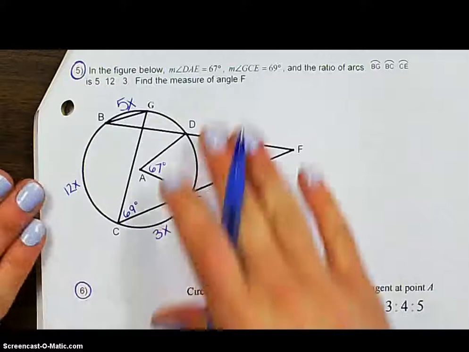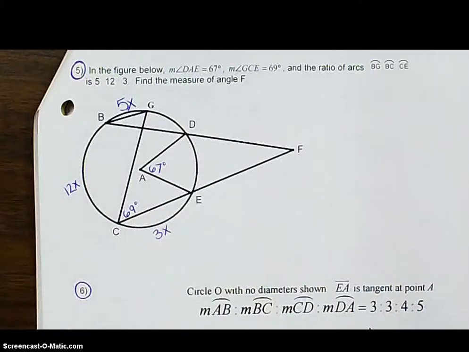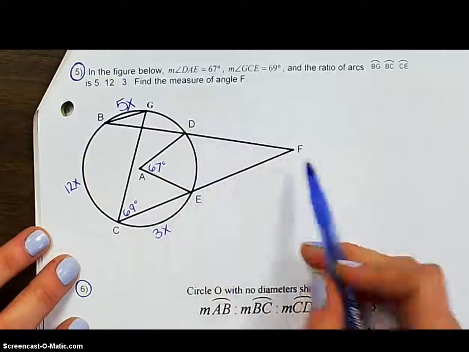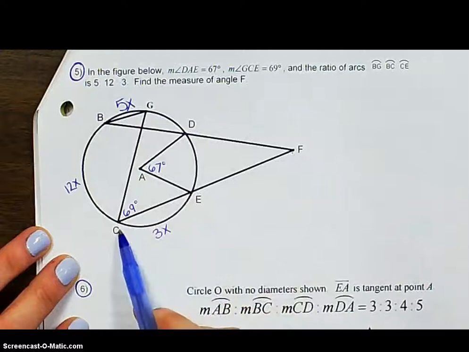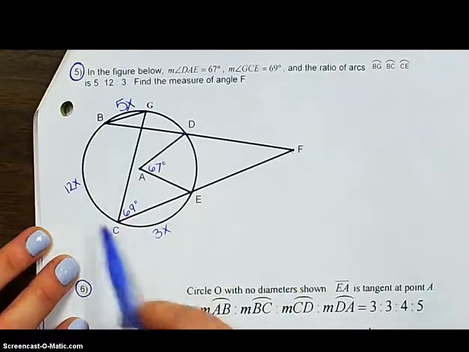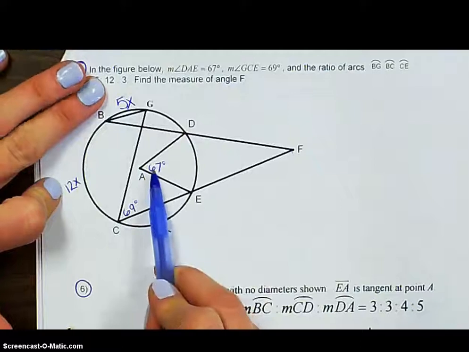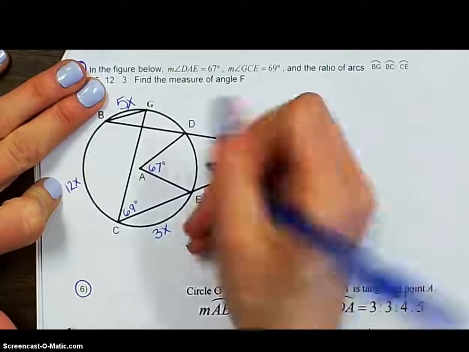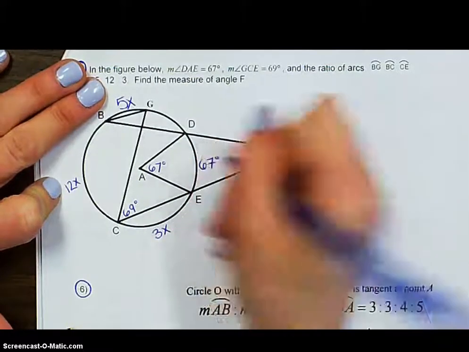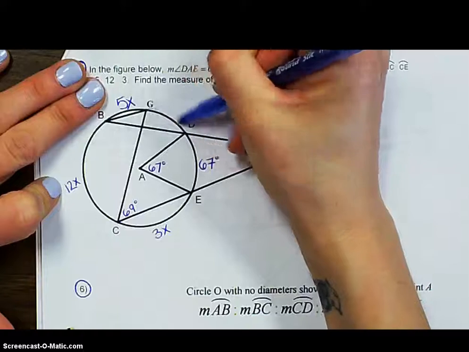Okay, so this is the information that's given to us. So in order to find the measure of angle F, we first need to be able to find out, well, what are going to be all of these arcs? Well, I have 3x, 12x, 5x. If this is a central angle, its arc is equal to it, so this is 67. But I'm still missing arc GD.